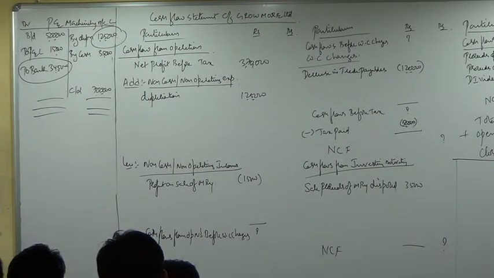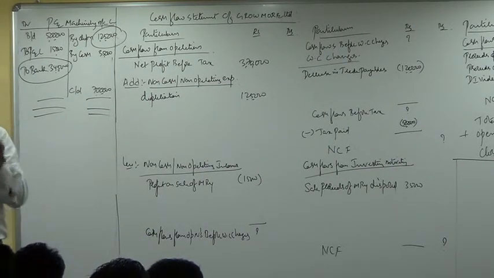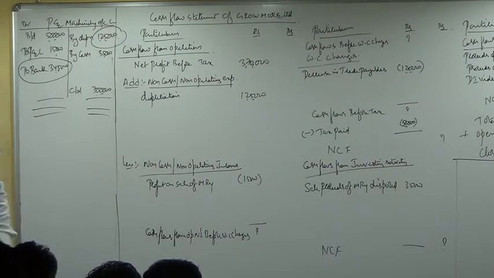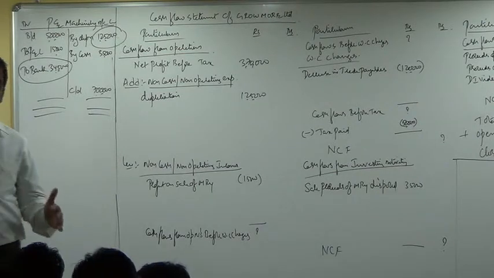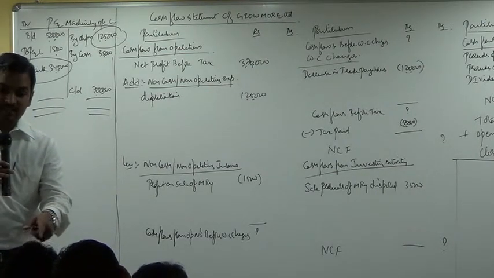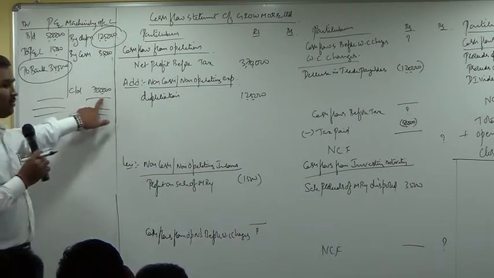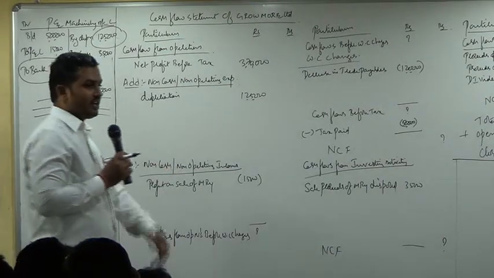But we know that there was a sale. Remove the WDV of machinery sold. Minus 20,000. How much should have been the closing balance if there was no purchase? 3,55,000. But what is the closing balance? 7 lakh. In place of 3,55,000, you are getting 7 lakh.